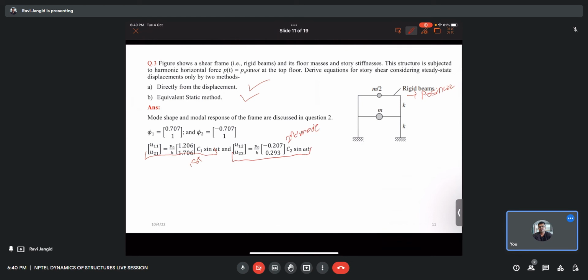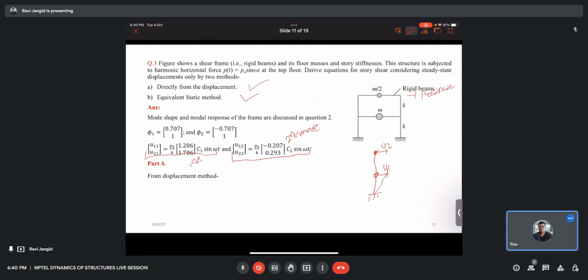So for part A, we need to determine the base shear from the displacement. Let us say we have displacements u1, u2, irrespective of modes. What will be the shear force?